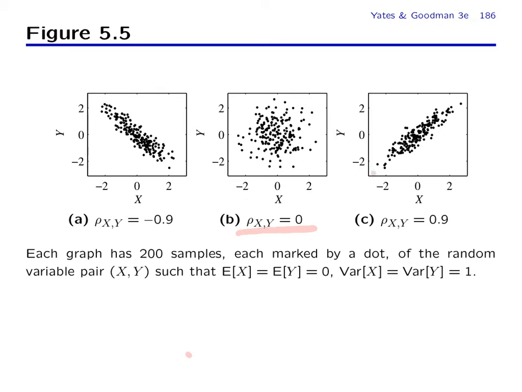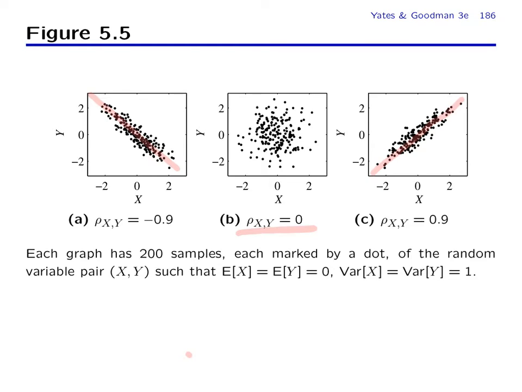On the other hand, when rho was 0.9, we saw that the X's and Y's were lying along the line Y equals 0.9X. And there's some noise in those observations. But you definitely can see the pattern of the X's and Y's lying along a line. And similarly with negative 0.9 correlation, you see the exact same thing, but with the sign of the Y's reversed.